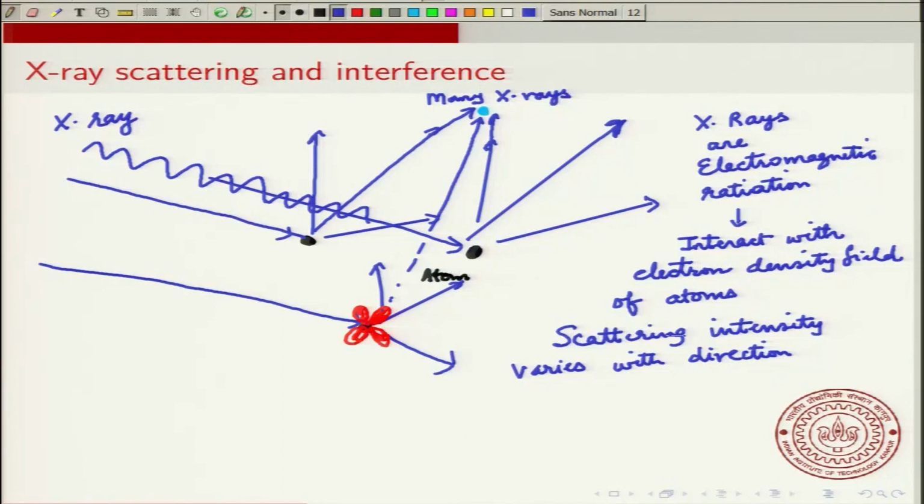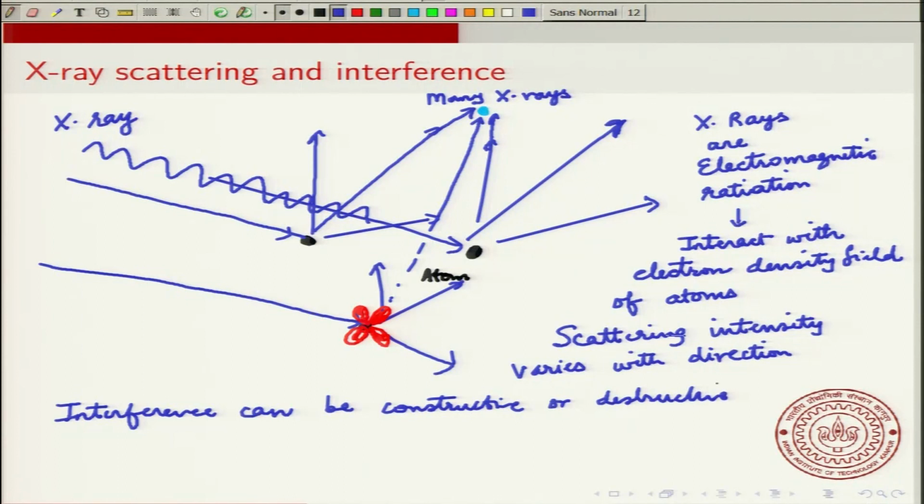There is interference of all these waves, and interference can be constructive or destructive. So, basically at every point you will see a different pattern of X-rays.